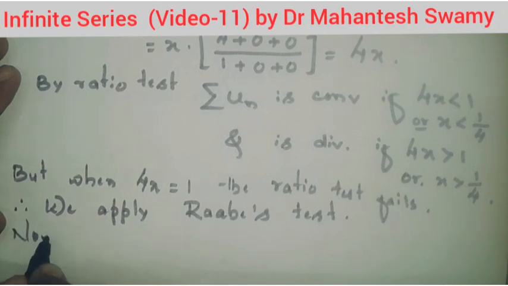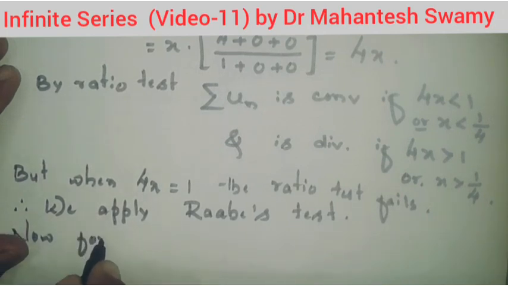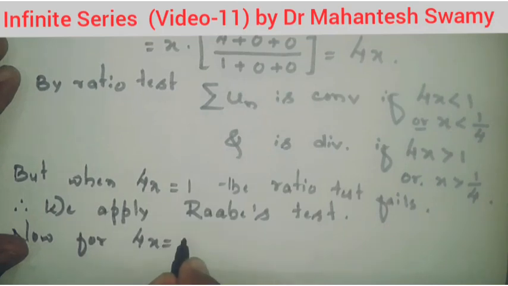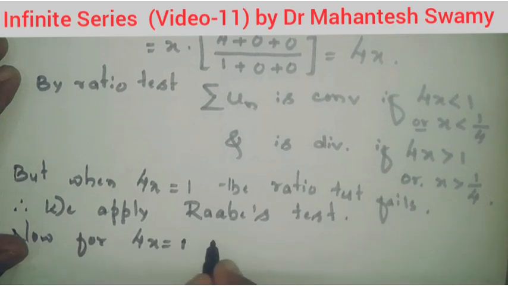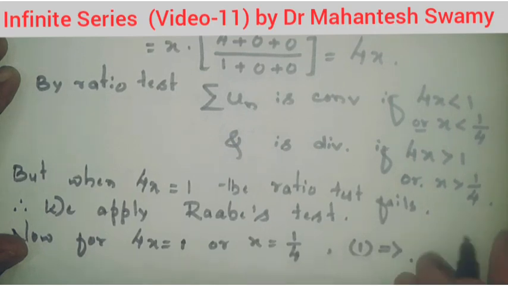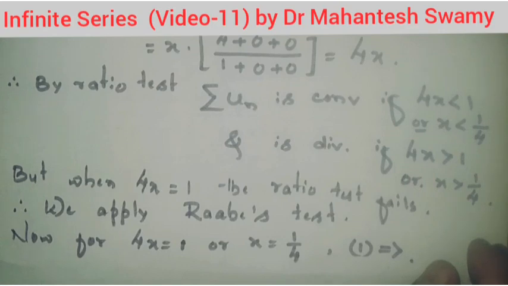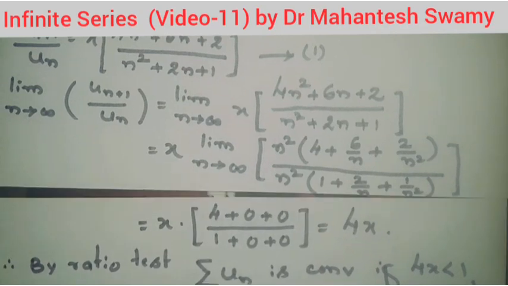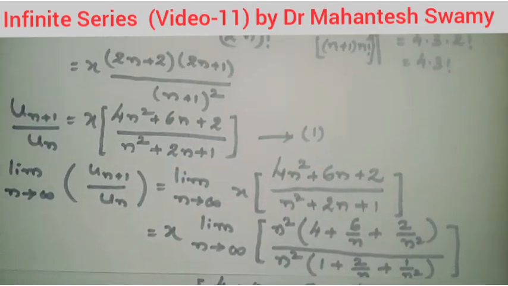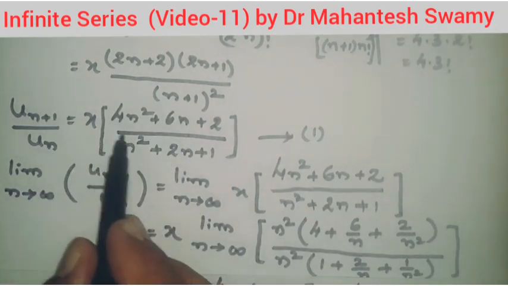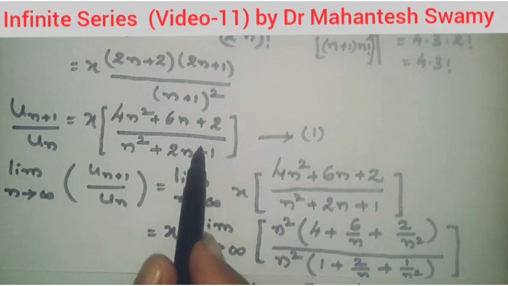Now for 4x equal to 1, or x equal to 1 by 4, we have to look at equation number 1, which we have generated in the case of the ratio test. While doing the work for the ratio test, we have generated u(n plus 1) divided by u(n) in the form of equation number 1, the same thing which we are going to use over here.